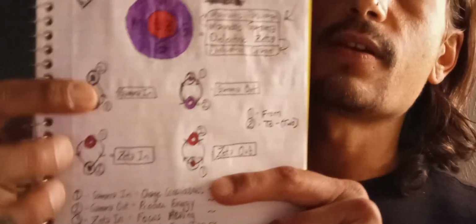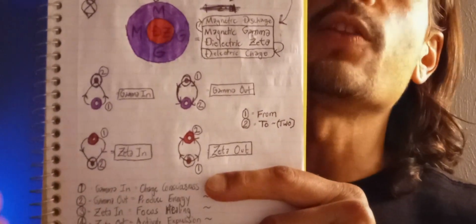There's 4 different variations: gamma out, zeta out, gamma in, and zeta in. But the 5th will be the first one again, right? Again, these things can be done in any sequence just as long as they're going in the natural order, right?